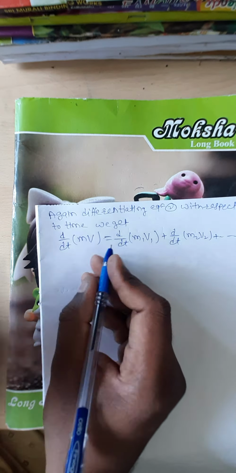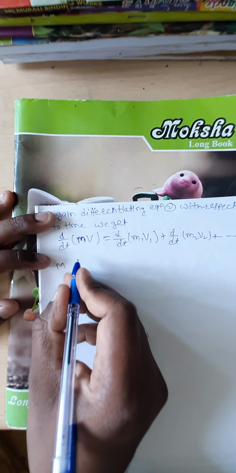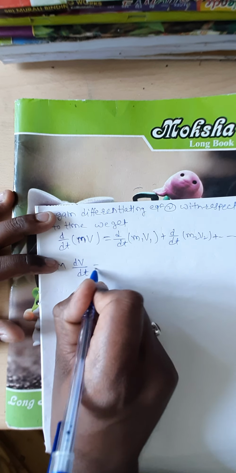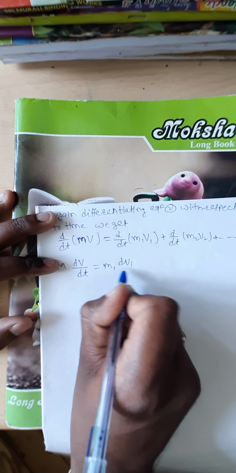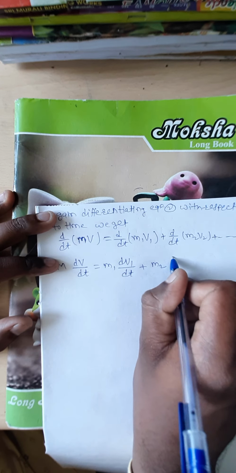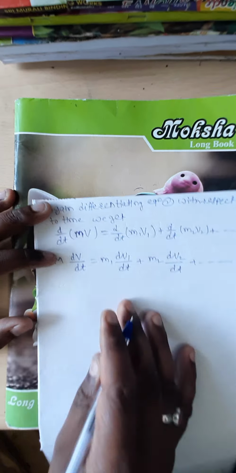Now in that case M is a constant, the total mass of the body is constant, therefore M can be taken outside, then M dV by dt. In that case m1 is constant, therefore m1 dv1 by dt plus, m2 is constant, therefore taken outside, dv2 by dt, plus and so on.